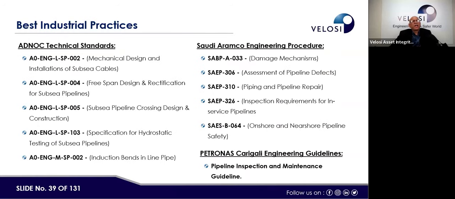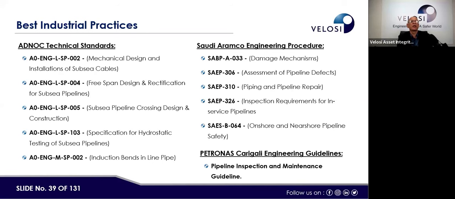There are other companies' best practices. We are not specifically naming all the companies, just giving examples. Different companies have also prepared their standards, like ADNOC has prepared standards for mechanical design and installation of subsea cables, free span design and recertification of subsea pipelines, and subsea pipeline crossing design and construction. Then there is a specification for hydrostatic testing of subsea pipelines, and induction bends in pipelines.